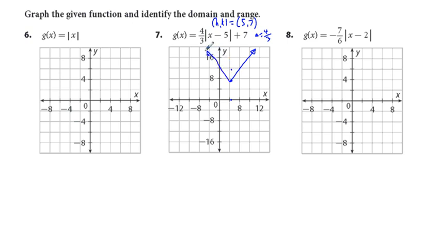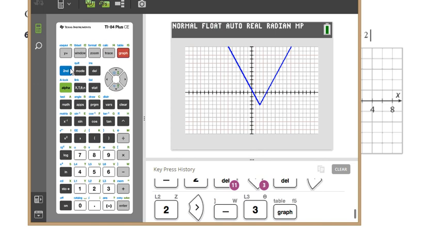Okay. And one thing we can do in a situation like this, with our tick marks being every 4 apart, is go to our graphing calculator and go to Window.